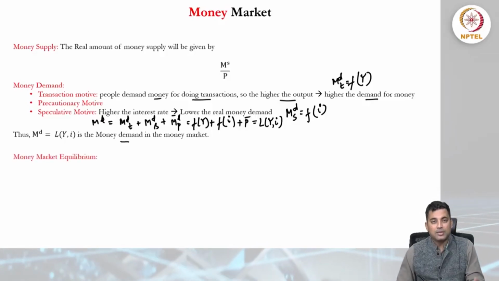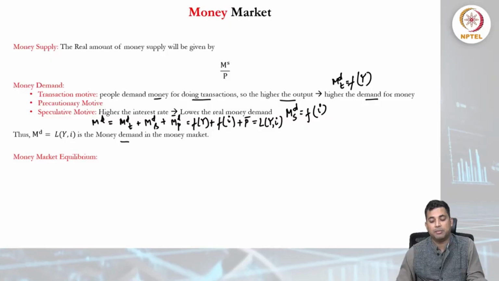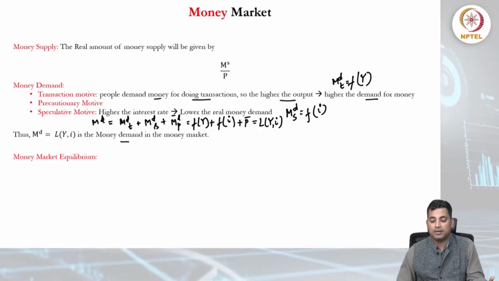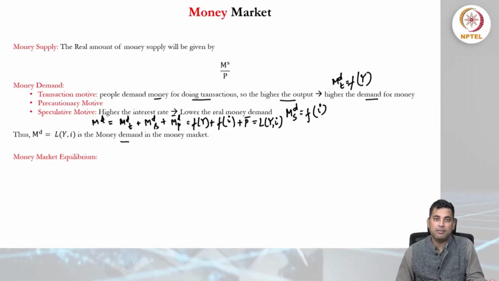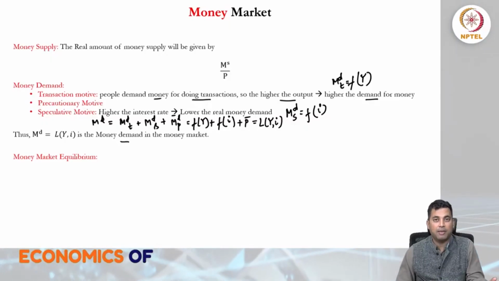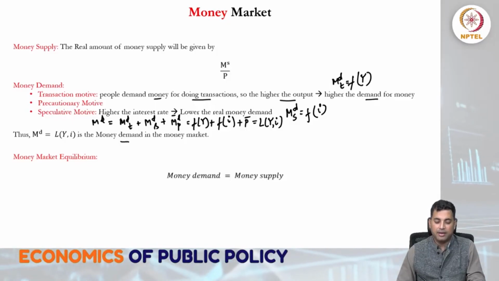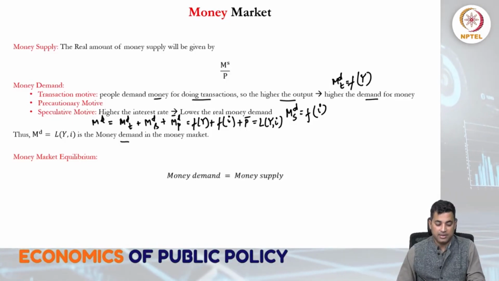So then what is money market equilibrium? For any point we need equilibrium conditions, and in the money market there are also money market equilibrium conditions, where money demand equals money supply.